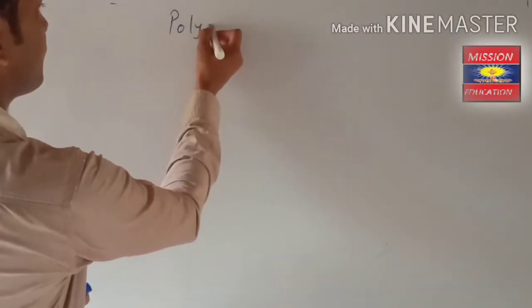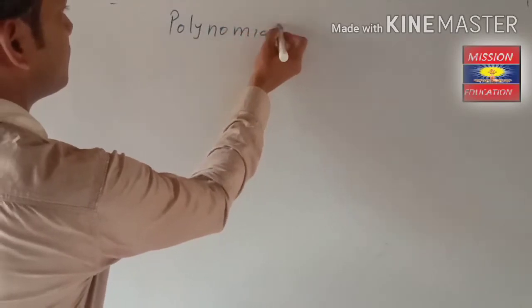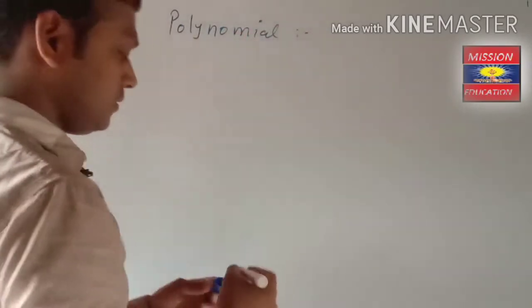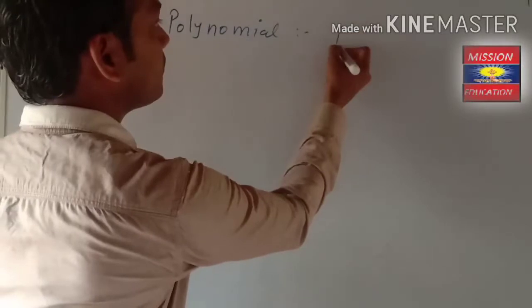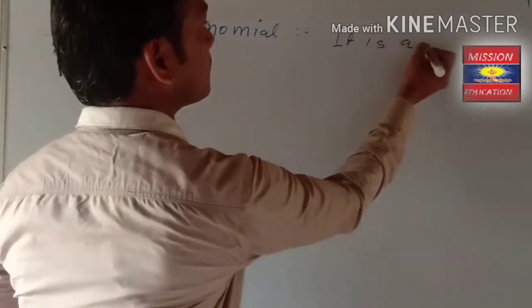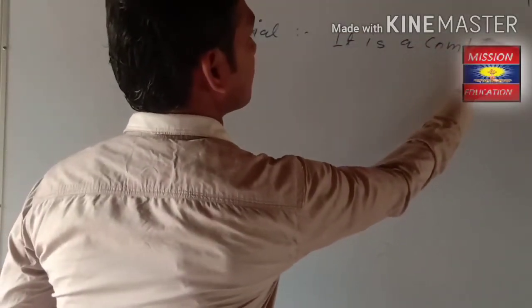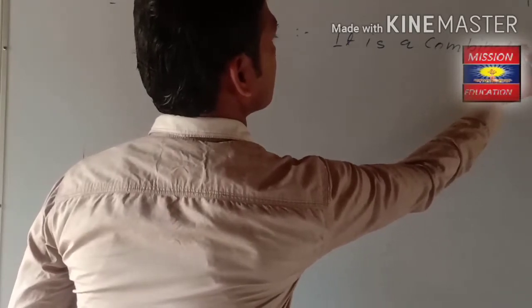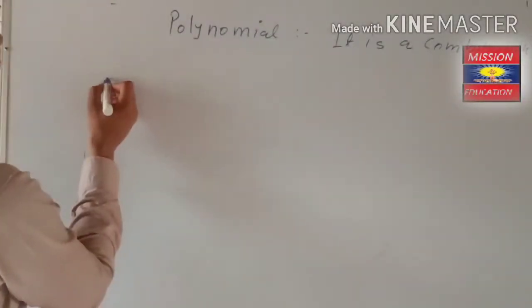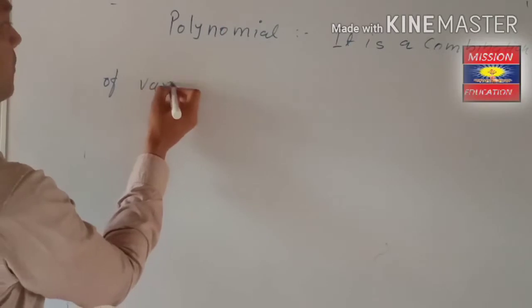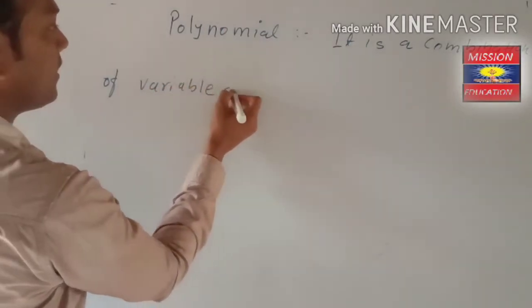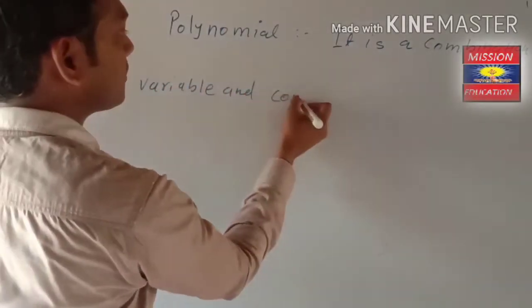So let's understand it. A polynomial is a combination of variable and constant.